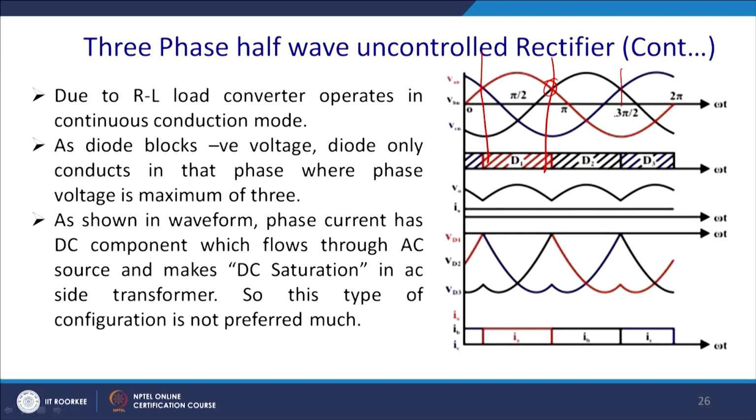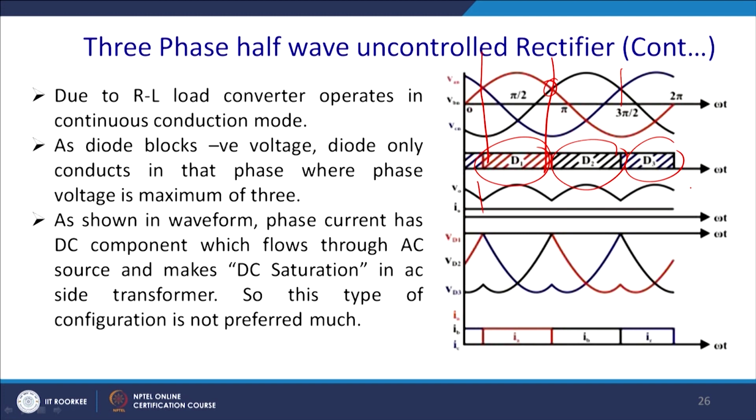Similarly, VC will conduct after the period of 270 degrees, and so on. Till this time D1 conducts, till this time D2 conducts, till this time D3 conducts, and this is the output voltage.